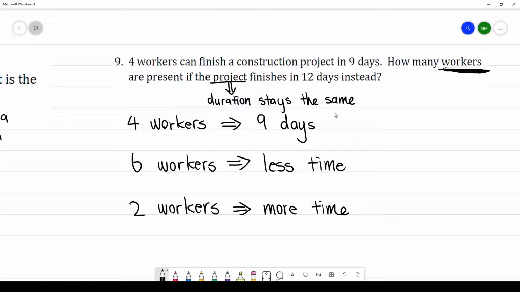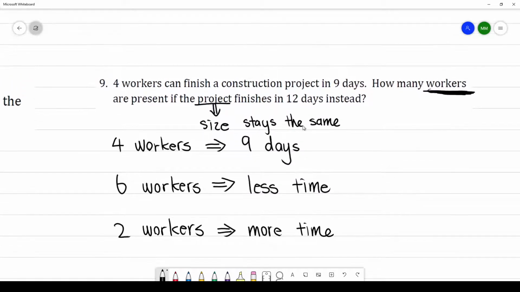Because the size of the project, not the duration, stays the same. The duration is the time it takes. So if the size of the project stays the same, then when you have 2 workers, you need more time to finish the same size. Whereas when you have 6 workers, that is more than 4 workers, and ideally that would mean less time.